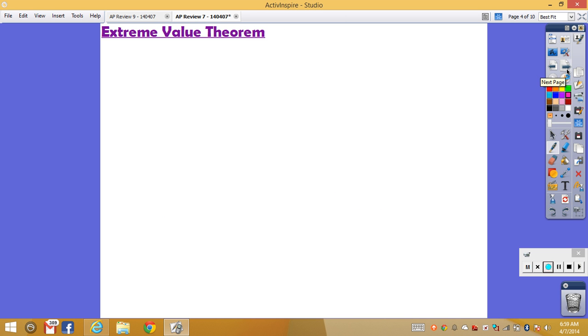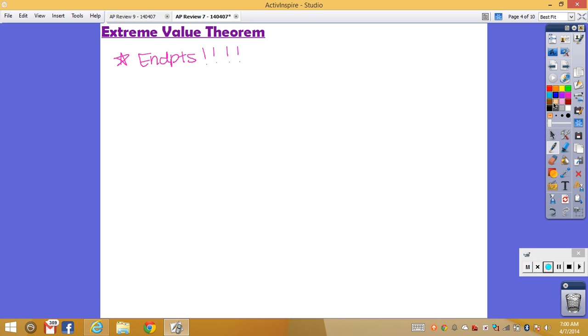And extreme value theorem. So extreme value theorem just kind of goes back to the first screen where we're looking for maximums and minimums. So I'm just going to restate that most of you that do not get your max and min problems right, your major reason is because you're ignoring your endpoints.